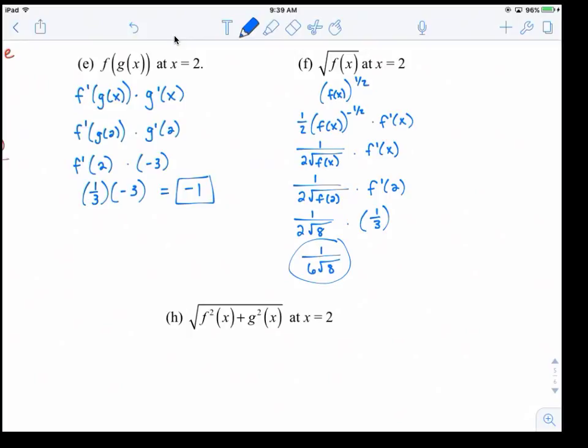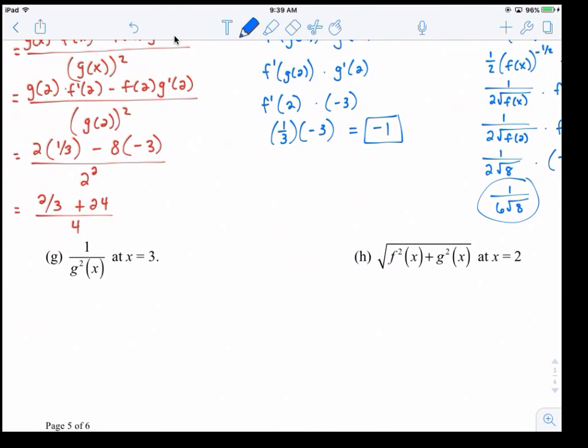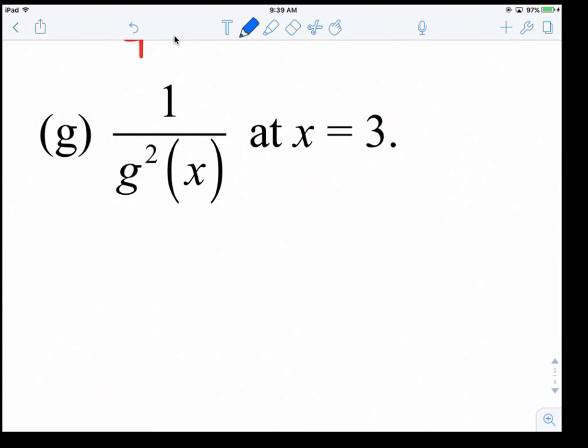Say again? All right, 1/g squared of x. What would it be if I were to rewrite that? You have g of x to the -2, right?